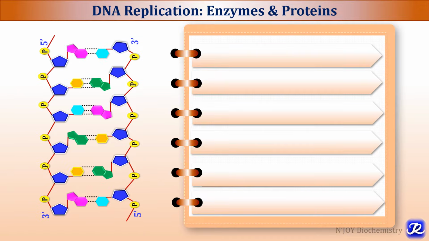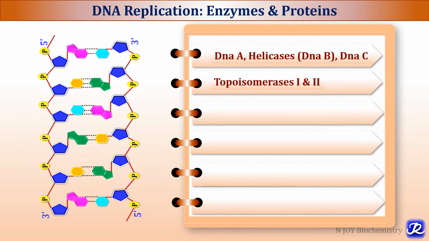So let's enumerate the various enzymes and proteins required for replication. We will see their functions in later slides. The various proteins and enzymes required are DnaA, helicases, which are also called DnaB, and DnaC. Topoisomerases, topoisomerase 1 and topoisomerase 2, are also required.